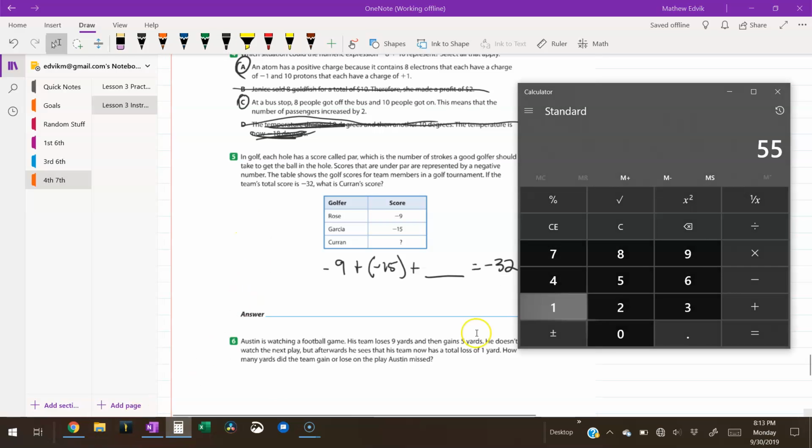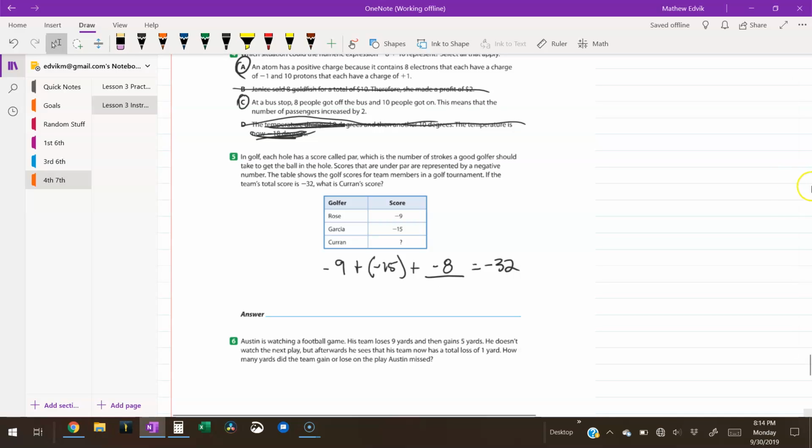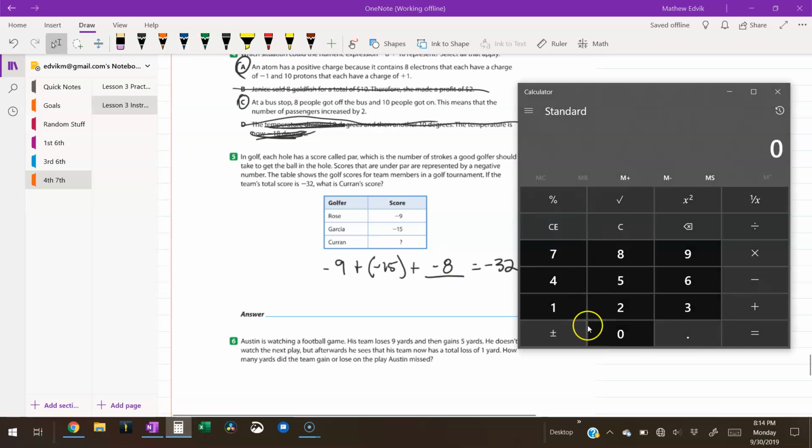All right, so one way that we could look at this would be to say negative 32 plus 9 plus 15 equals negative 8. Okay, let's check that. So we go negative 9 plus negative 15 plus negative 8 equals negative 32. So that's the correct answer.